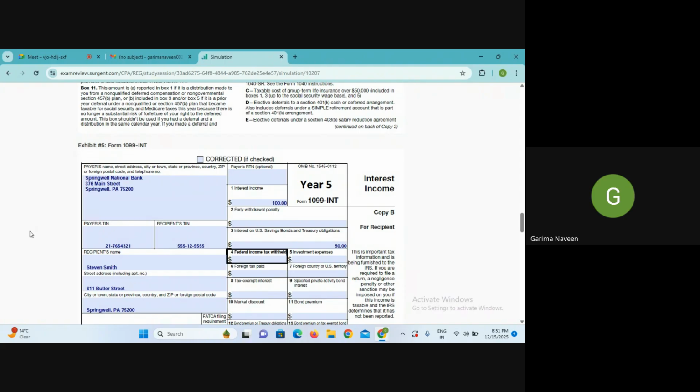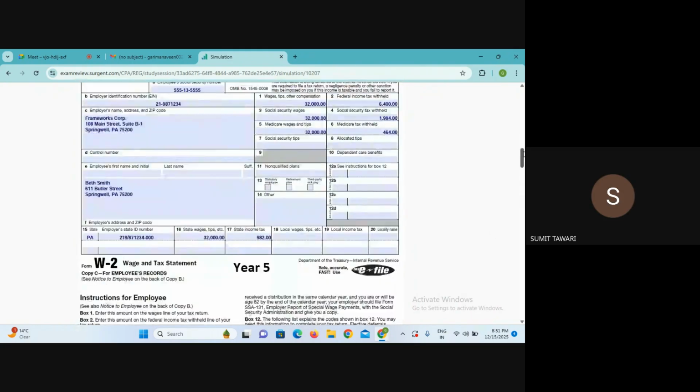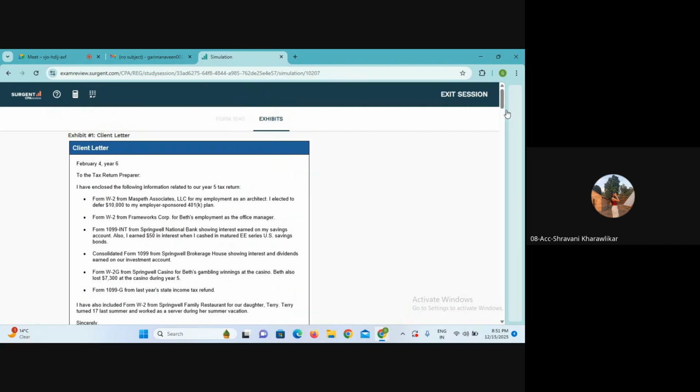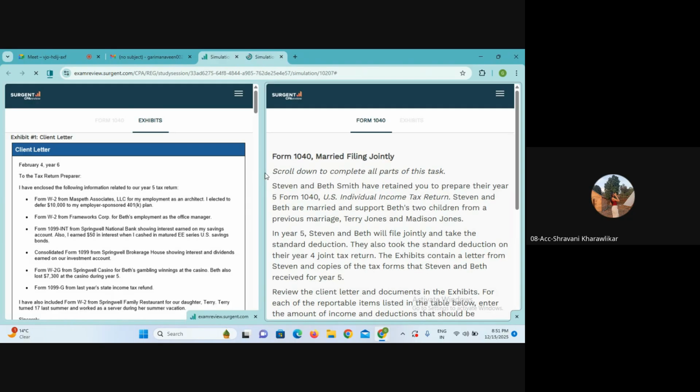What should be the total amount of interest income? Ma'am, 100 and what was the second interest amount?